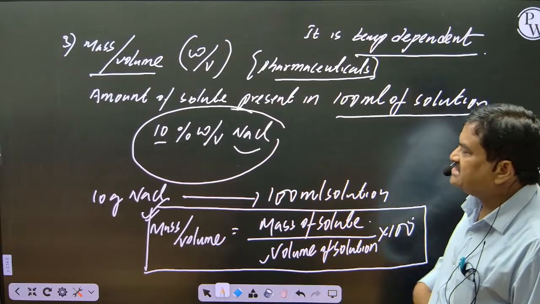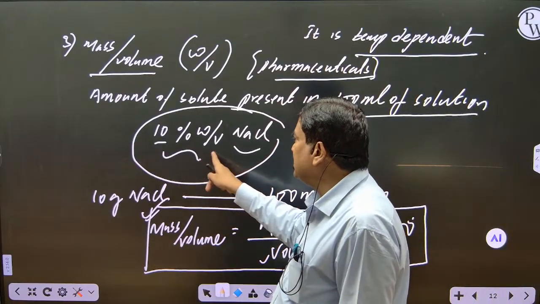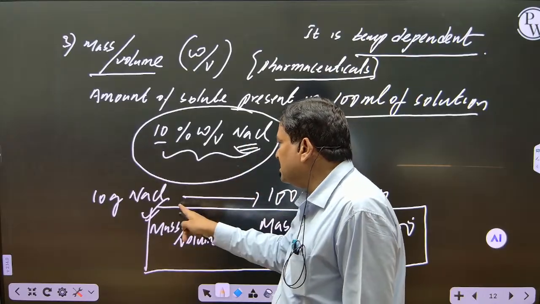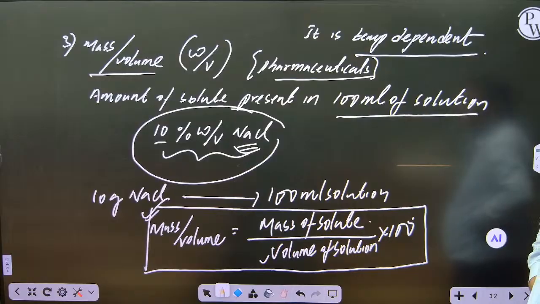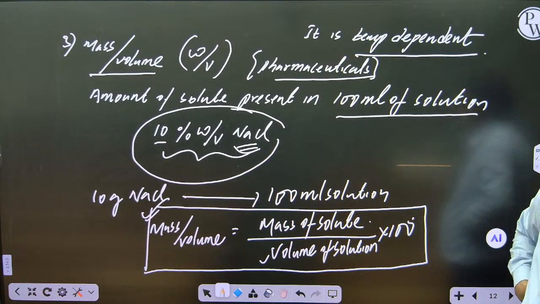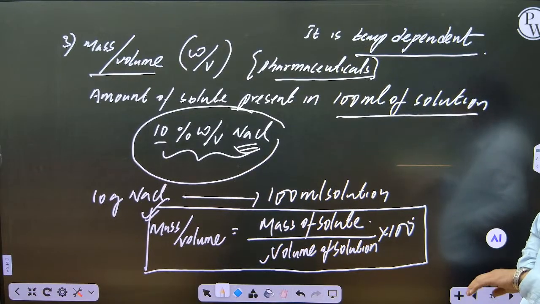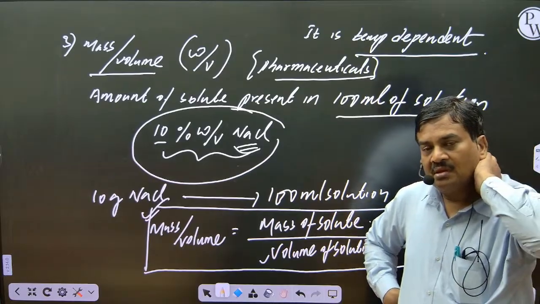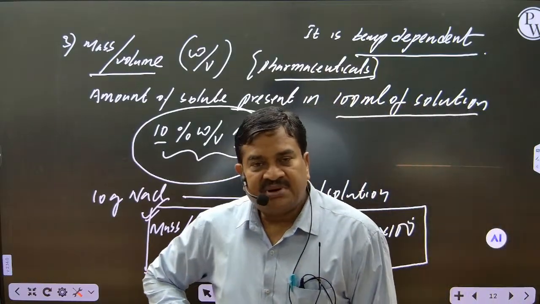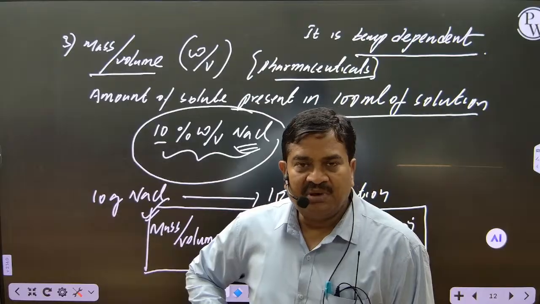So what does 10% W by V NaCl mean? 10 grams of sodium chloride is present in 100 ml of solution. Clear? With this we did mass percentage, volume percentage, mass by volume.